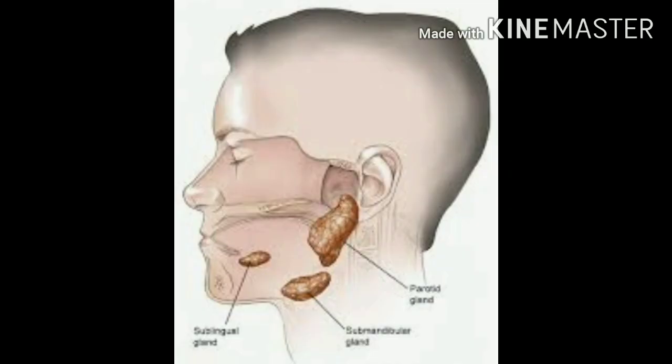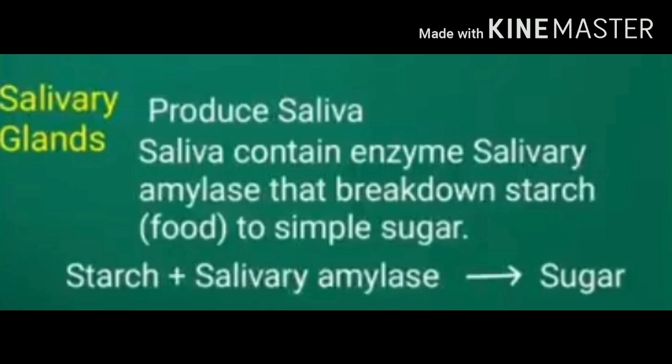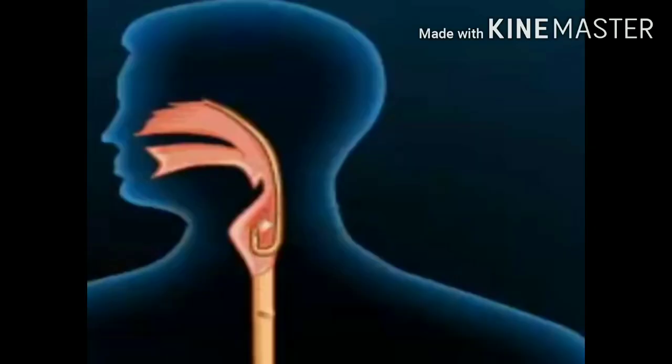The presence of food in the mouth stimulates three pairs of salivary glands to secrete saliva. Saliva has salivary amylase, a digestive enzyme that breaks down starch into maltose. Maltose is a simple sugar. The oral cavity opens into the pharynx.